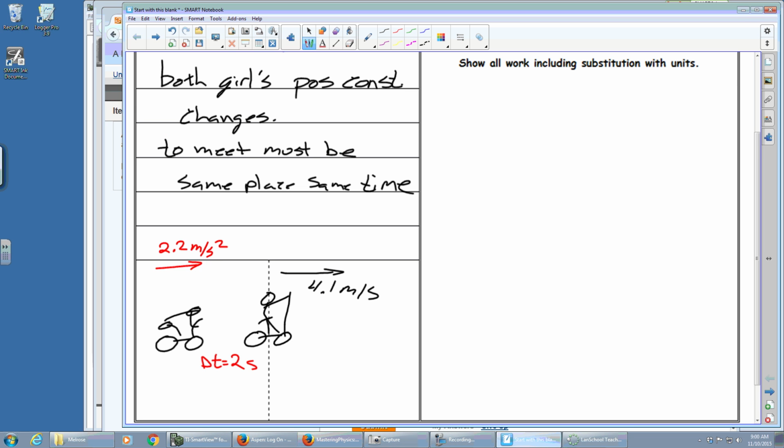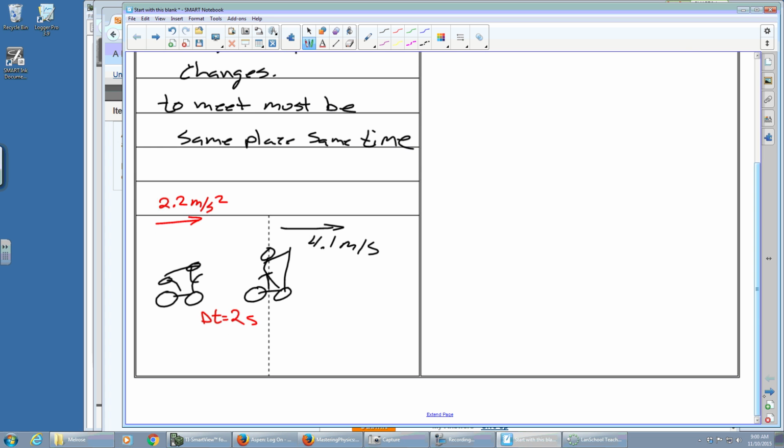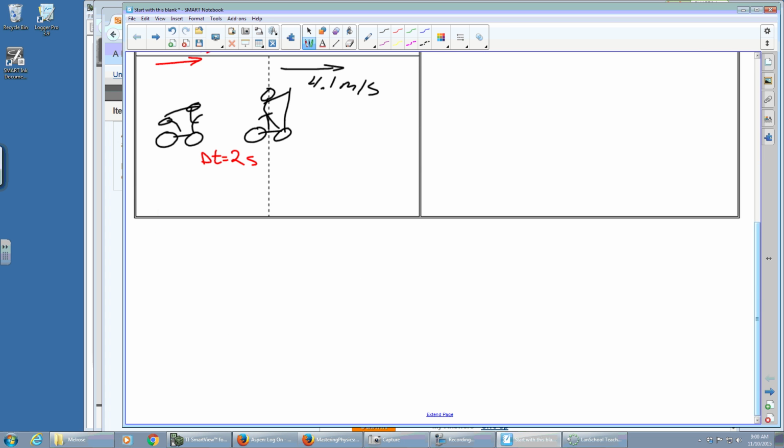So they pass each other at 0 seconds, and she hops on her bike at 2 seconds, timeline-wise, right? Yes? And then they're going to travel some distance until they meet up again. So I almost want to draw a little diagram. We have the first location here. When they pass each other, that's t equals 0.